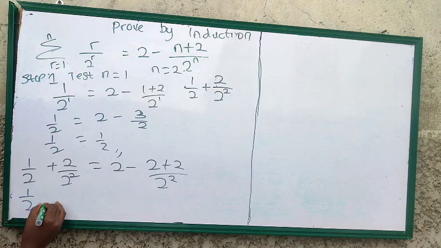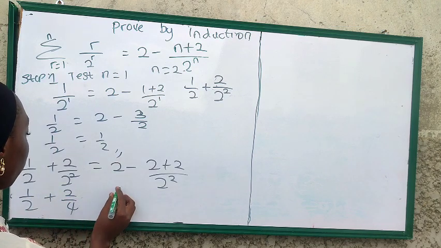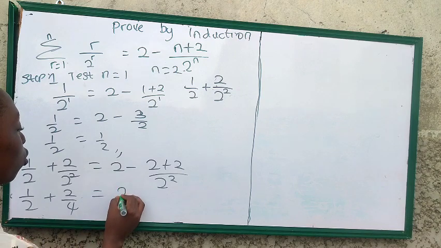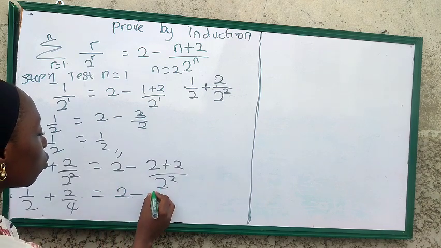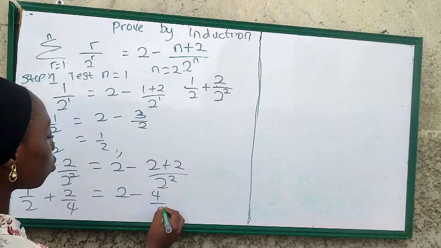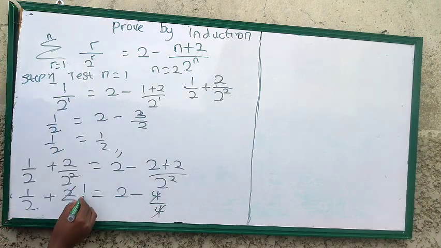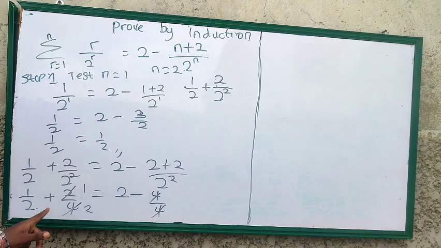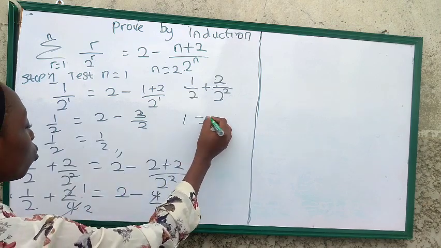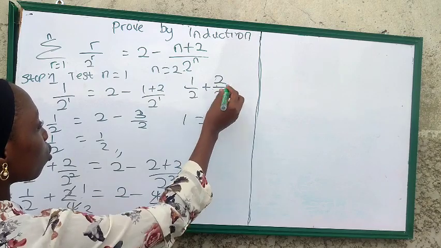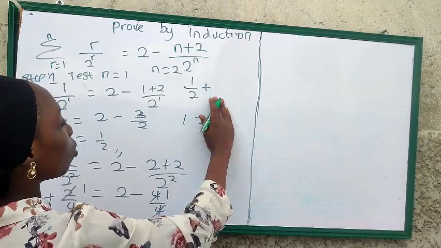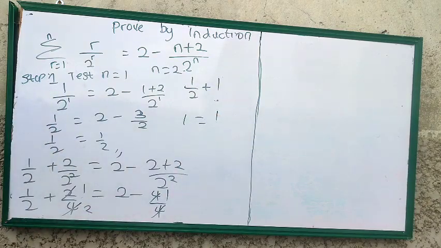Now we have 1 over 2 plus 2 divided by 4 equals 2 minus 4 divided by 4, since 2 plus 2 is 4 and 2 to the power of 2 is 4 as well. That's half plus half, which is 1, equals 2 minus 1, which is 1. So it is true for n equals 2 as well.